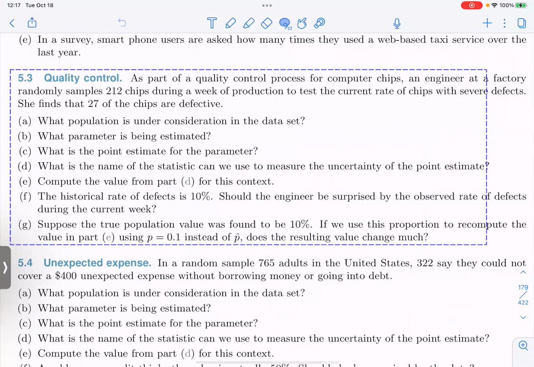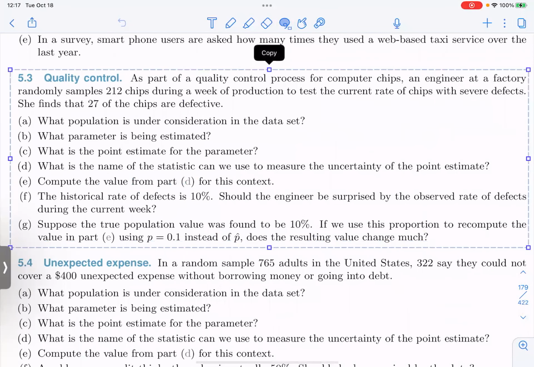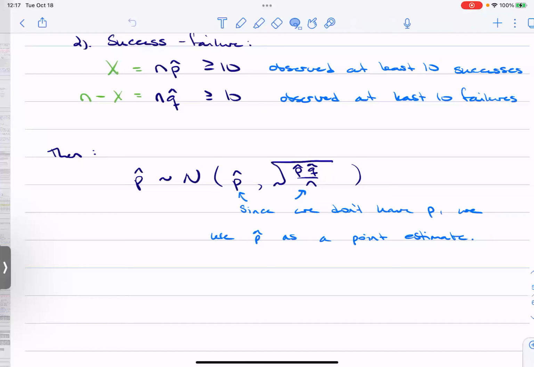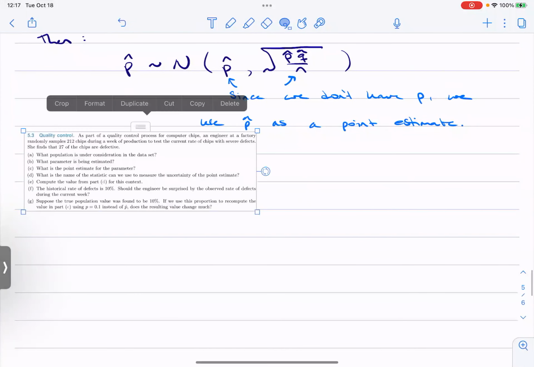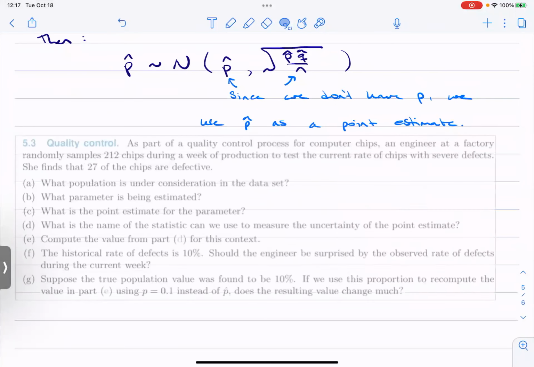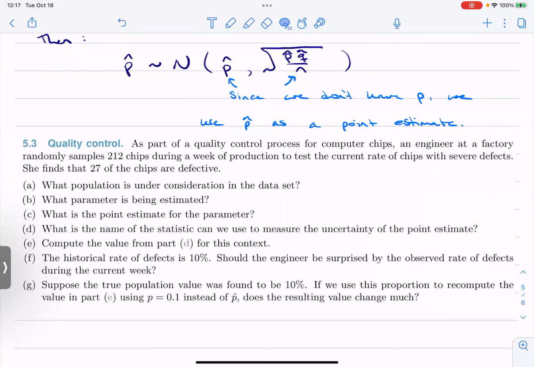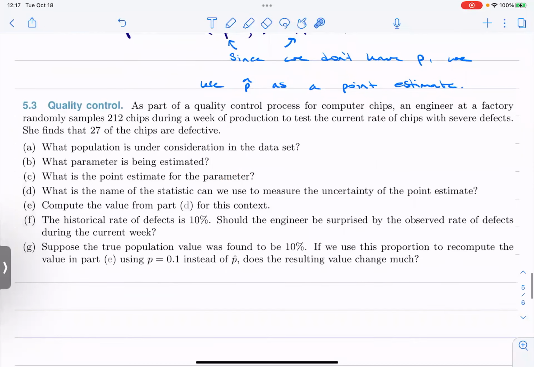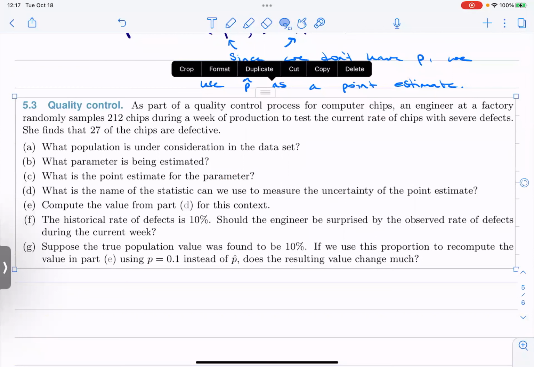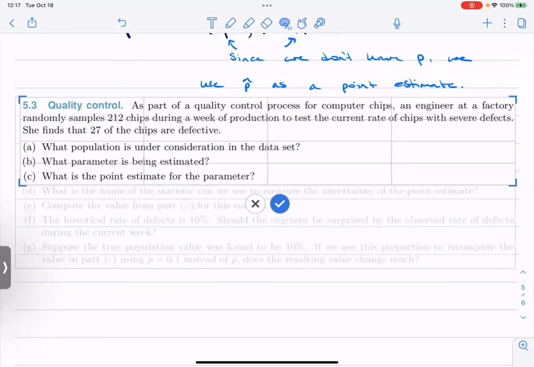So what I want to do is just work through some questions. I had my kind of made up example, but let's have a look at a different example.